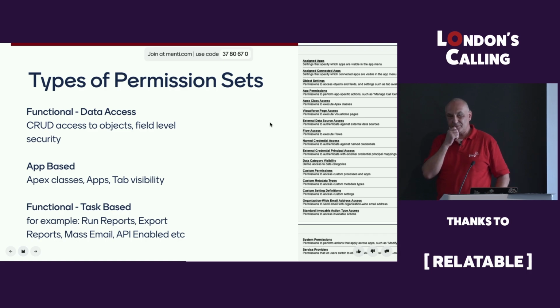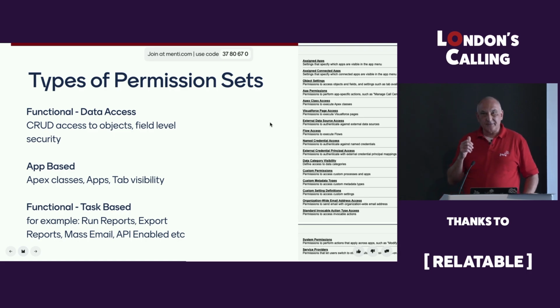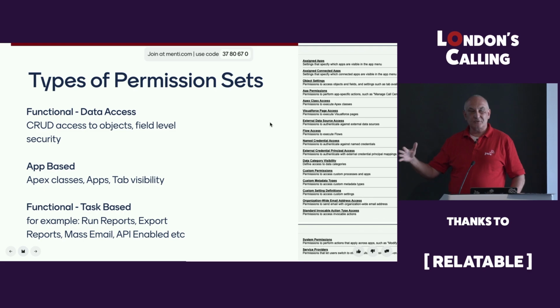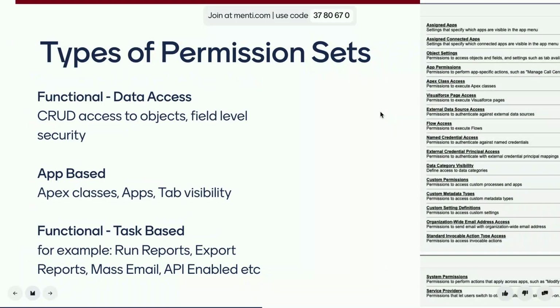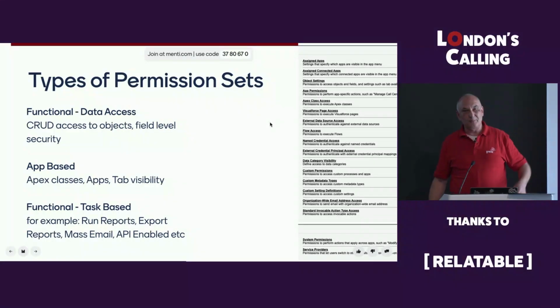What I mean by object-based is that, for example, manage accounts gives you everything you can do with accounts. But we don't go very granular, like manage accounts, manage account teams, manage contact relationships, because then we would go to a bunch of permission sets.